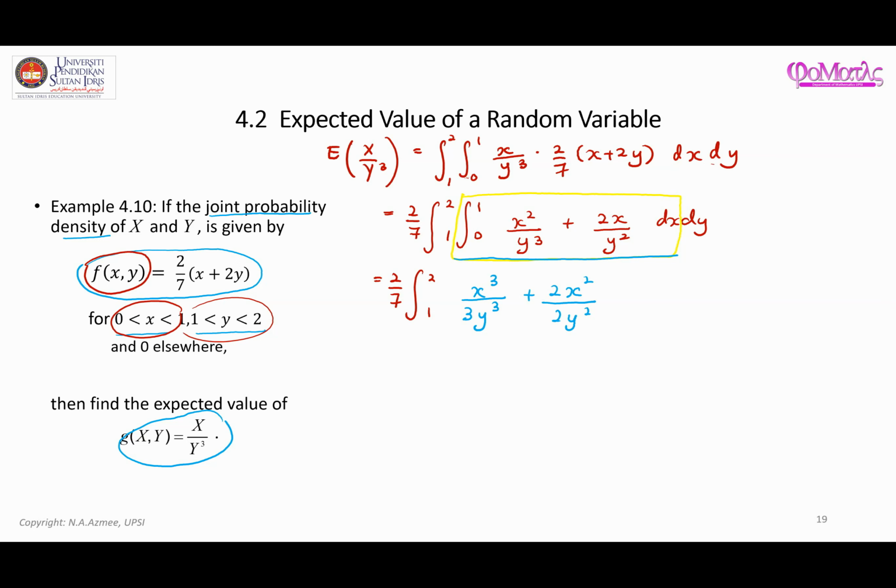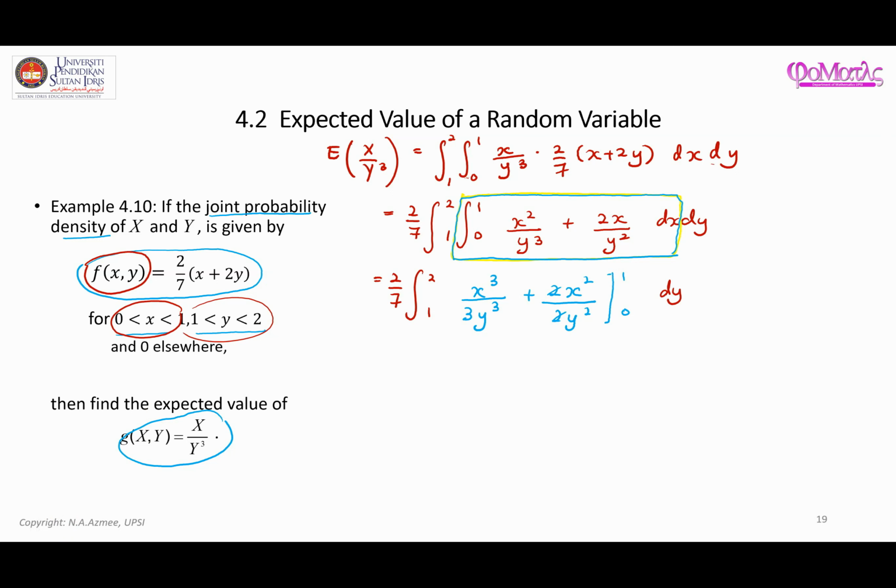Okay, so this is the result when you do this part. You can see that 2 can be cancelled out with this one, and here will be the limit that you can substitute later on, which is 1 and 0, and outside there is dy. All right, so we're going to substitute the values of 1 and 0 into the expression that we got.